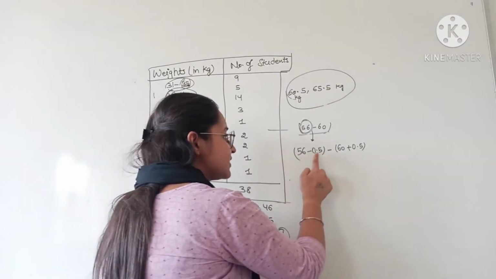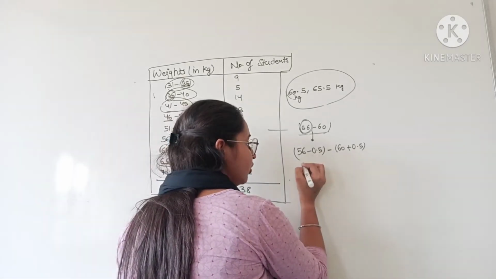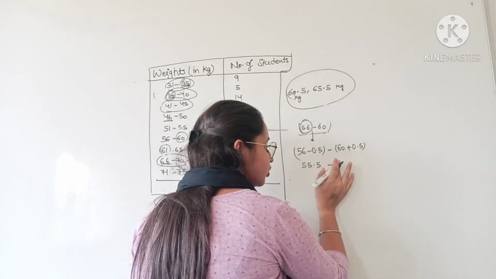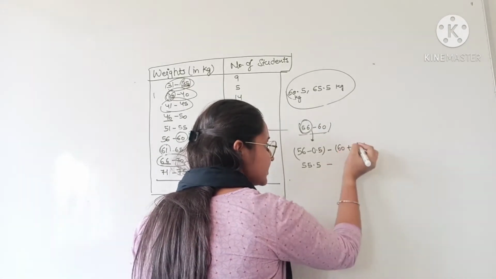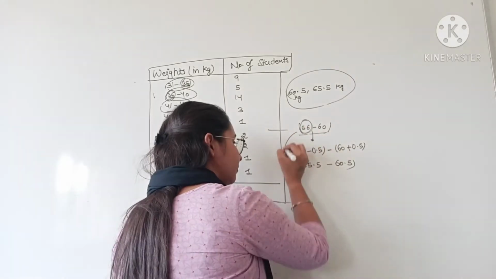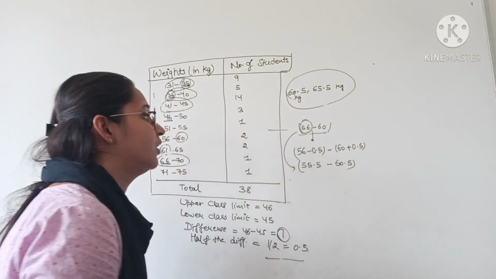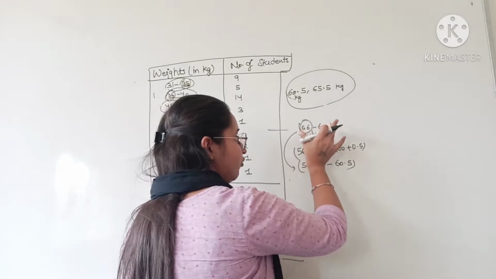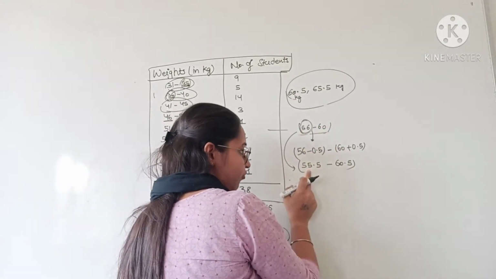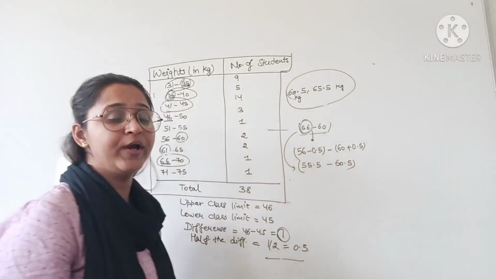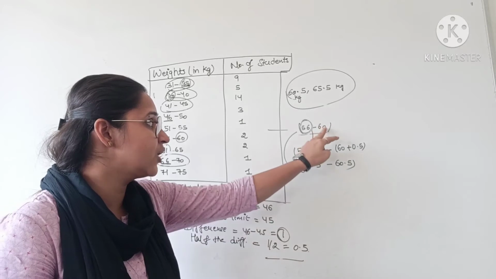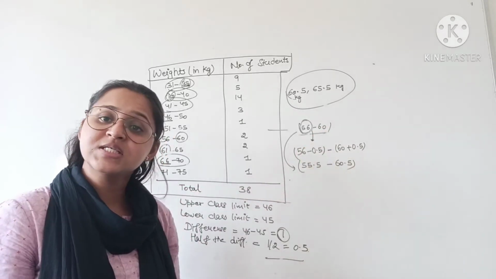Now, 56 minus 0.5 will give you 55.5. It is dash. 60 plus 0.5 is 60.5. It means after changing, the new interval for 56 to 60 becomes 55.5 to 60.5. That is, you have subtracted 0.5 from 56 and added 0.5 to 60.